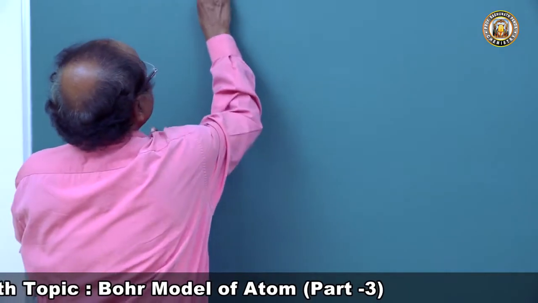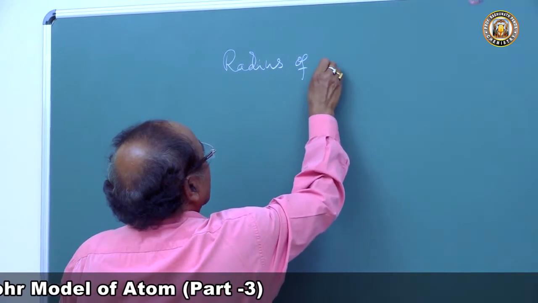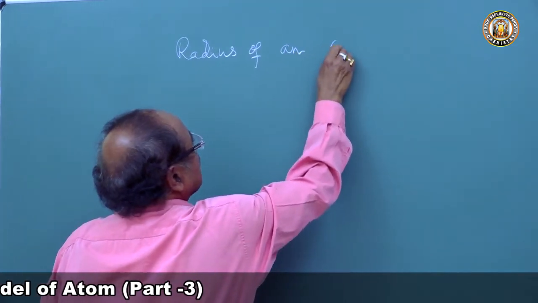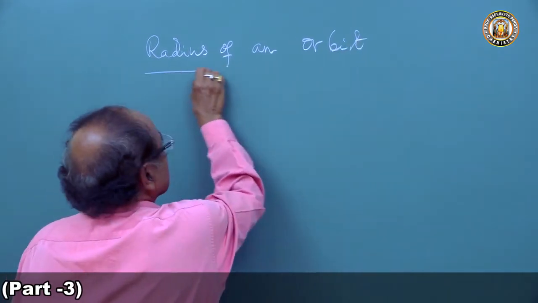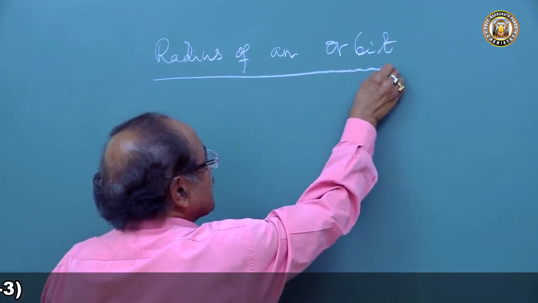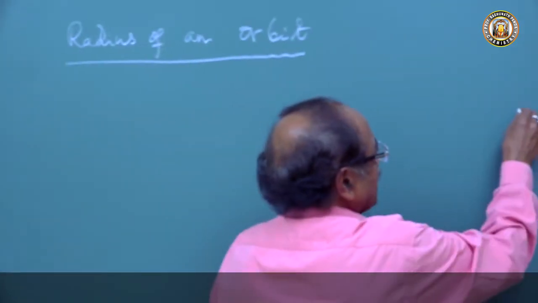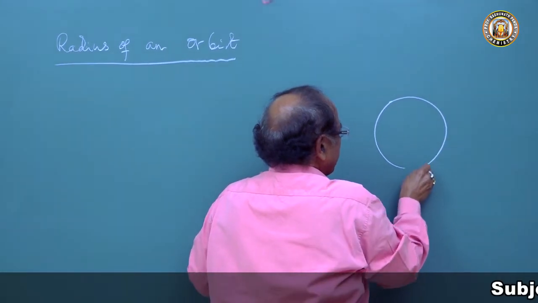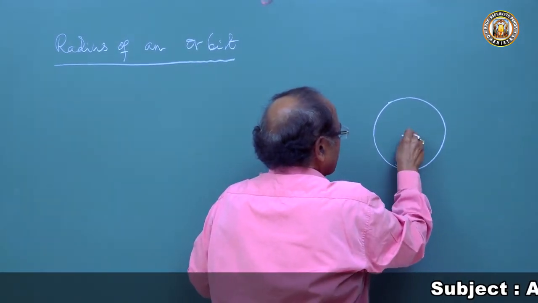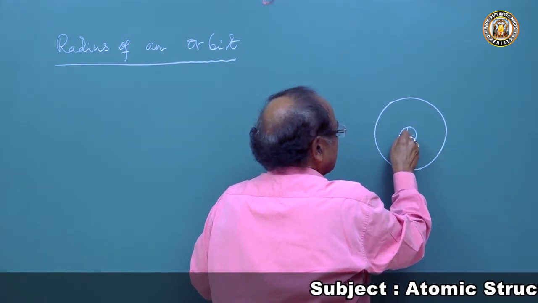calculation of radius of an orbit. So if you come to this Bohr model of atom, Bohr has postulated the nucleus is placed at the center, composed of the protons.